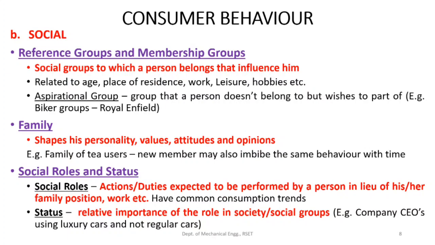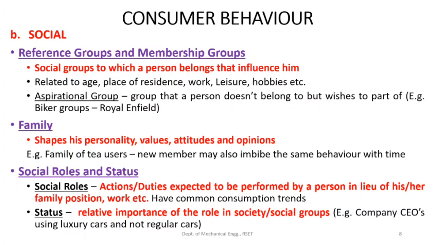So, family plays a vital role in determining consumer behavior. An example of how family influences consumer behavior is the case of a family of tea users. A new member coming into this family of tea users may, with time, also imbibe the same behavior.